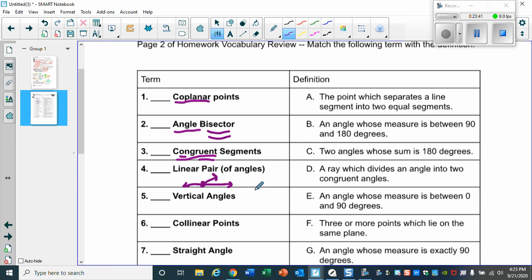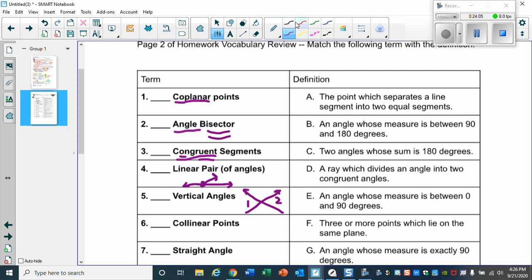Vertical angles, basically, there's one type of ray, opposite type of ray. So vertical angles, for example, let's say 1 and 2.